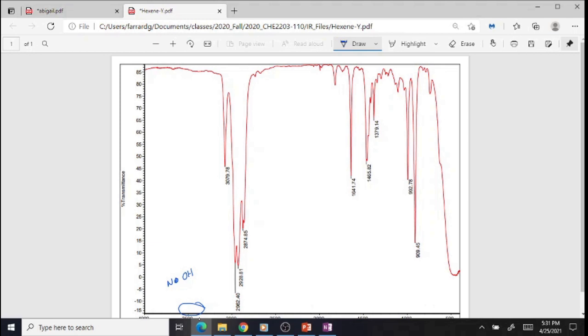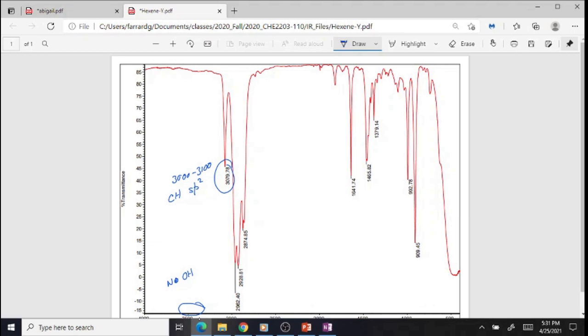In the about 2700 to 3100 region, we find CH, but we have a particular demarcation line at 3000. So peaks that are between about 3000 to 3100 are CH, but specifically it is sp2 hybridized CH bonds.